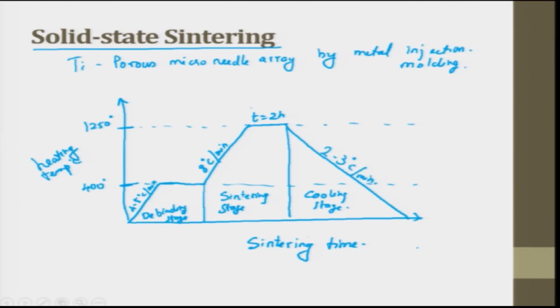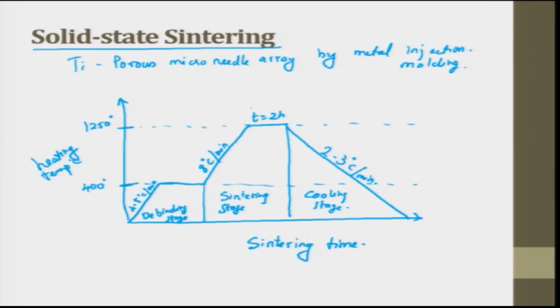Okay, so this is a typical sintering cycle. If you see here, you can't go straight to 1250 and start the sintering process. You do it step by step, and slowly at every stage you try to maintain it for some time. This is called soaking time, and you soak it for some time, then you ramp it, then you soak it, then you do the cooling stage. So this is a typical cycle.